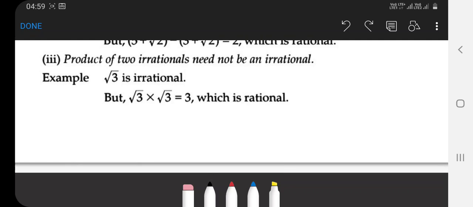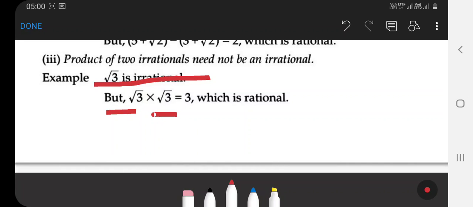The product of two irrationals need not be irrational. Similarly, root 3 is an irrational number. Root 3 into root 3 is equal to 3, which is a rational number.